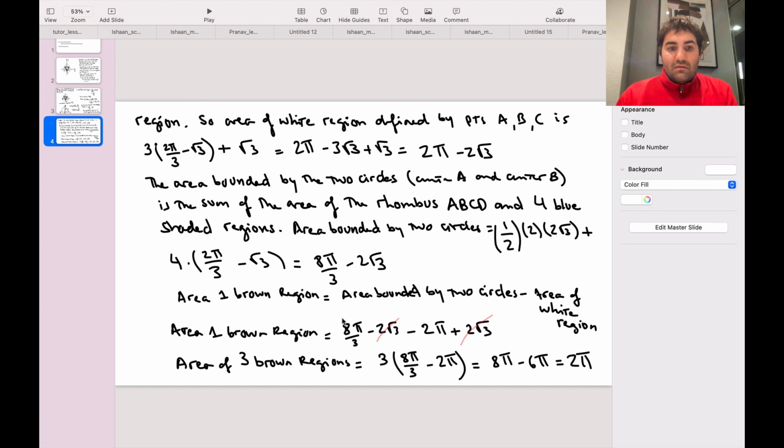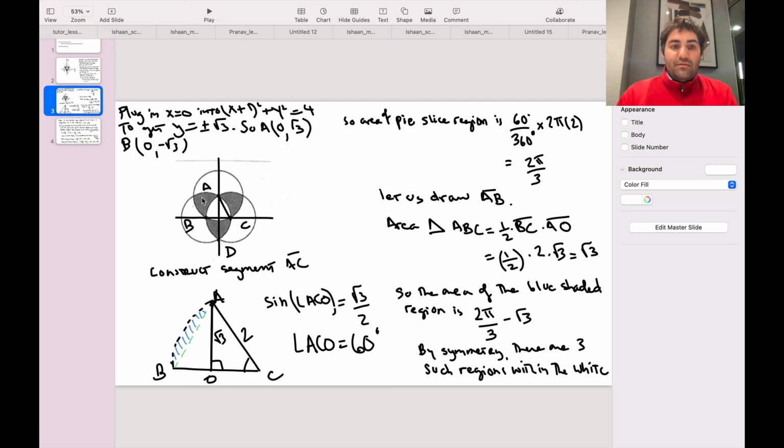And so we can say the area of one brown region is equal to 8 pi over 3 minus 2 times root 3 minus 2 pi. Well, it's going to be minus 2 root 3. That turns into a positive. So plus 2 times root 3. These cancel. So then we're left with the area of one brown region is going to be 8 pi over 3 minus 2 pi.